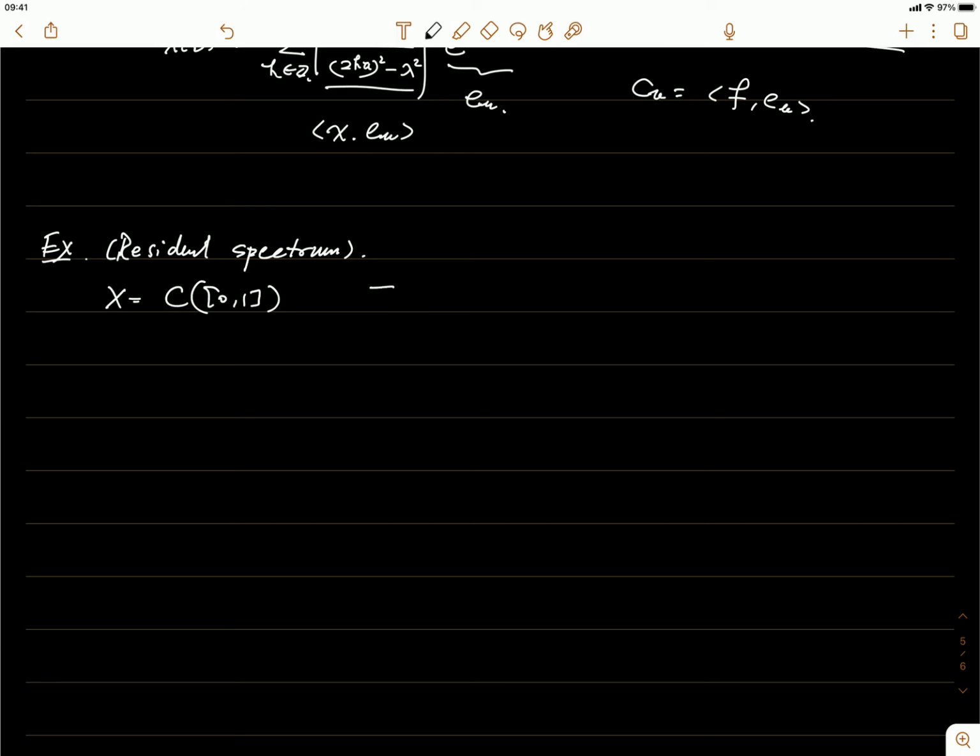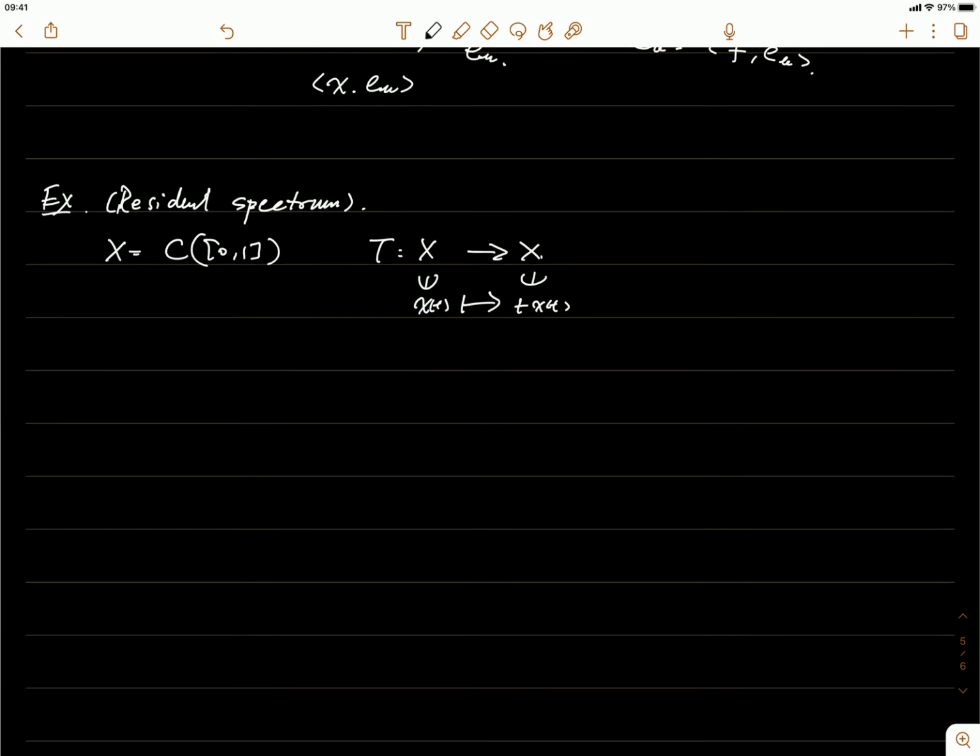Let's define t as a mapping from x to x, and it maps any element x to t times xt. So say we have xt, a continuous function over 0, 1, then I just multiply by t, and I get this new one. So it is also in x. Now the question is, what is the spectrum of this t?